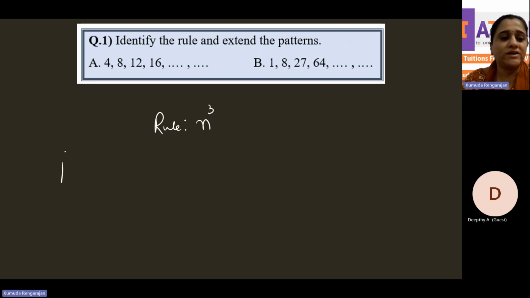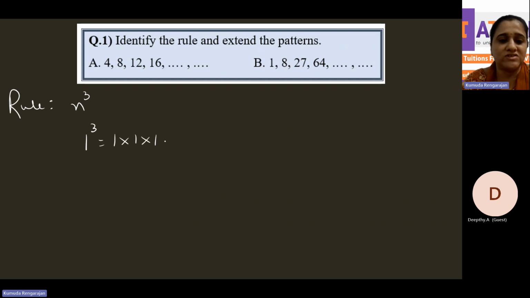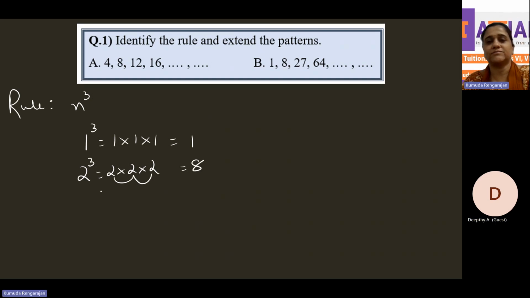When n is 1 cubed, that is 1 into 1 into 1, which is 1. When n is 2 cubed, 2 into 2 into 2. 2 2s are 4, 4 2s are 8. 3 cubed, meaning 3 into 3 into 3.